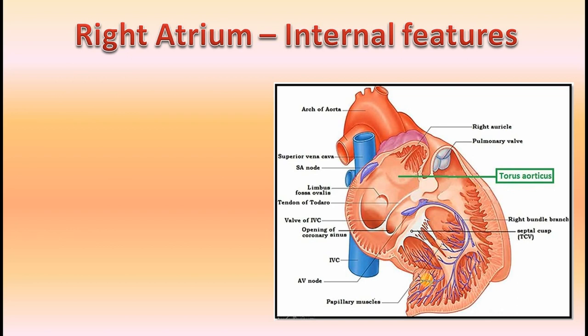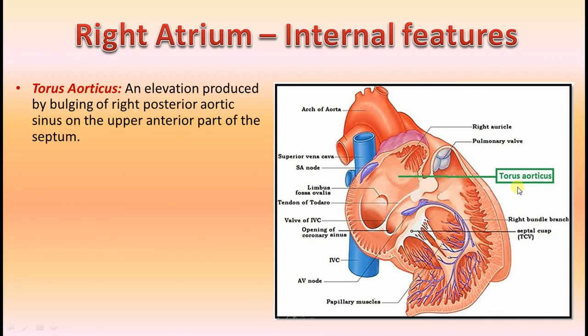Apart from that, you will see an elevation called the torus aorticus, which is produced by the bulging of the non-aortic sinus, in the upper anterior part of the septum. That bulging is produced by the right posterior aortic sinus, or non-aortic sinus.